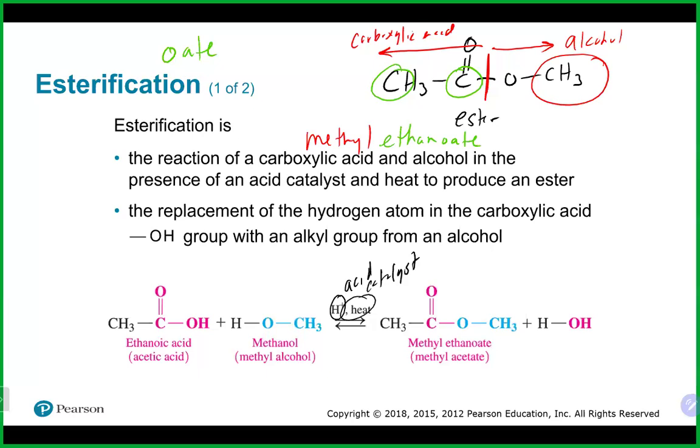So the way that we produce an ester, alcohol and carboxylic acid together gets us our ester, and then we name it based on those two parts. Alcohol part first as a group, OATE at the end of the longest carbon chain from the carboxylic acid part. Any questions on that there?